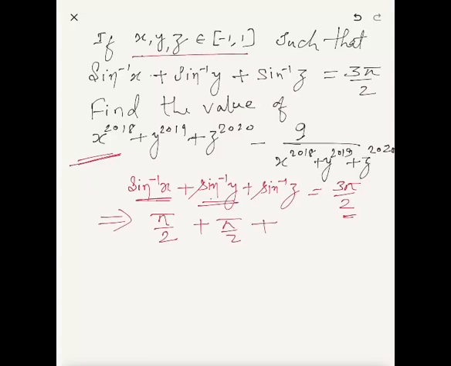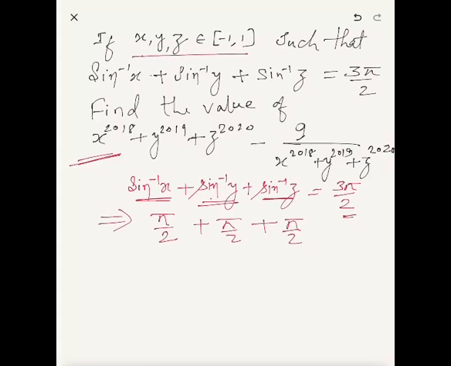I mean this term plus this term should also be equals to pi by 2. So when you add pi by 2 plus pi by 2 plus pi by 2, you will get 3 pi by 2, isn't it? So each term on the left side should be equals to pi by 2.